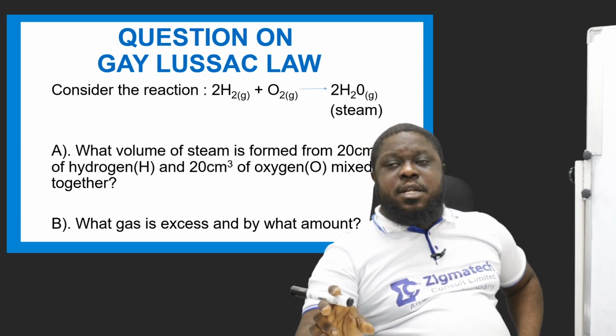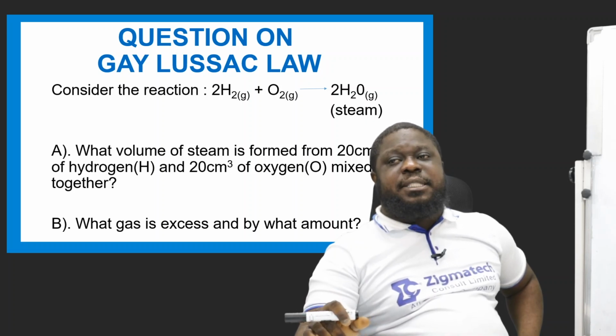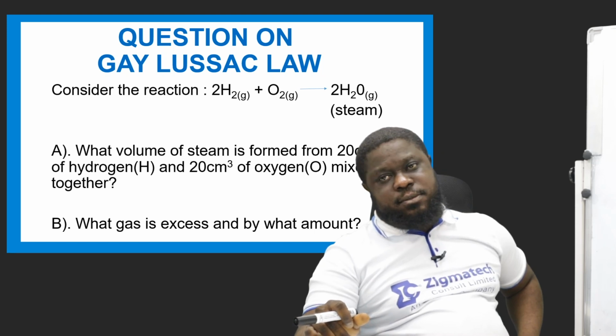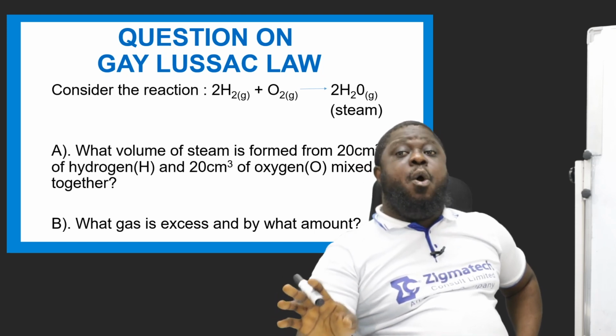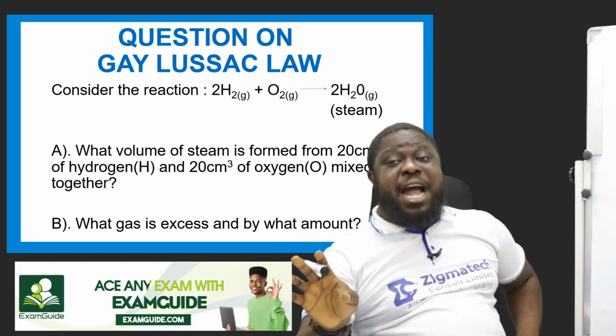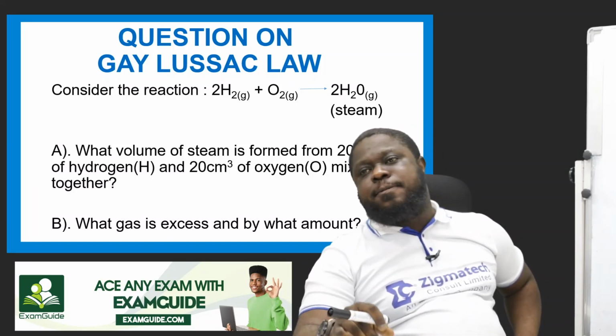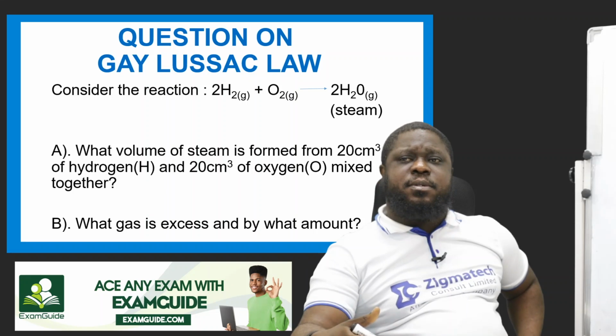In essence, the state of matter of hydrogen is gas, the state of matter of oxygen is gas, and the state of water is gas. Now they say consider the reaction and say what volume of steam is formed from 20 centimeter cube of hydrogen and 20 centimeter cube of oxygen mixed together. What volume of steam is formed?